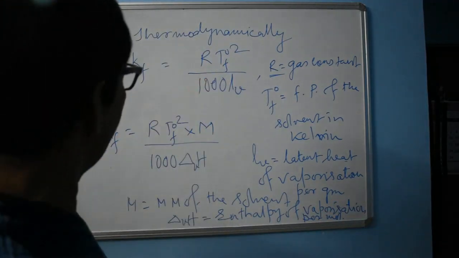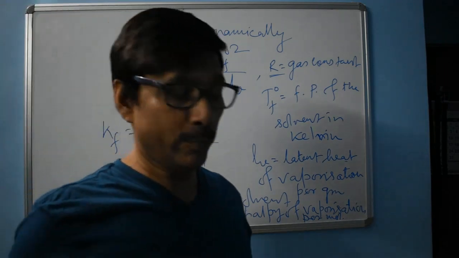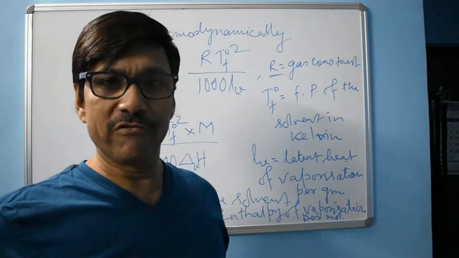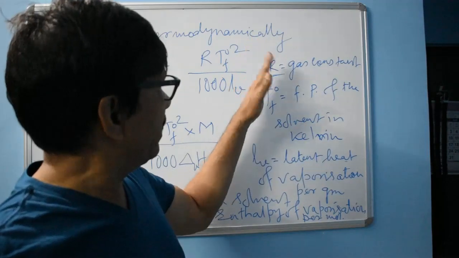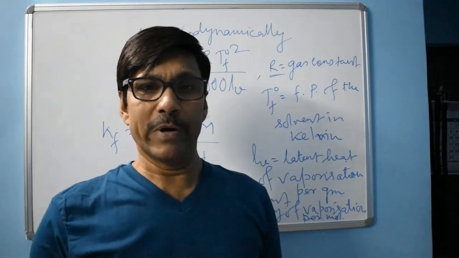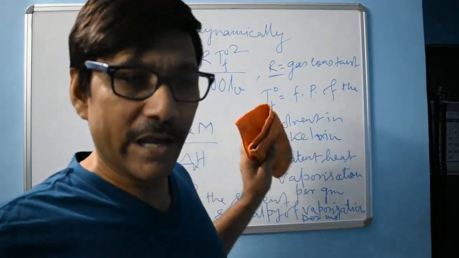So this is how we calculate the value of Kf. I hope things are clear. Thank you very much. Please practice with different kinds of numerical problems based on that. Till then, thank you very much.